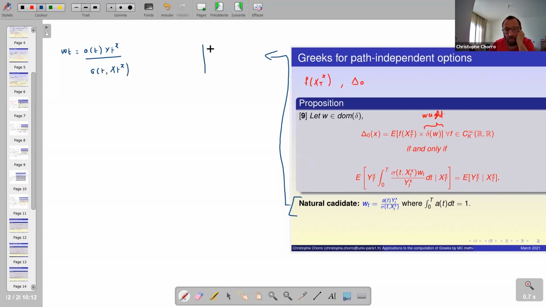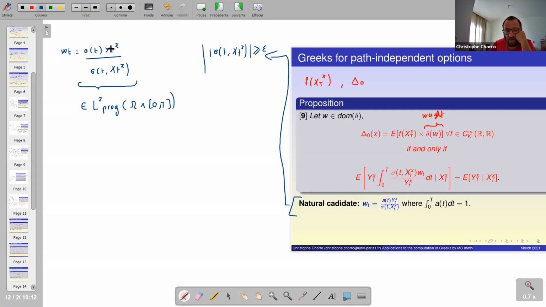Keep in mind that I know that the absolute value of sigma is greater than epsilon. So I can say that this term belongs to L2 prog of Omega times [0, T]. Why? Because this process is progressively measurable, and this one is a mapping, so no problem.